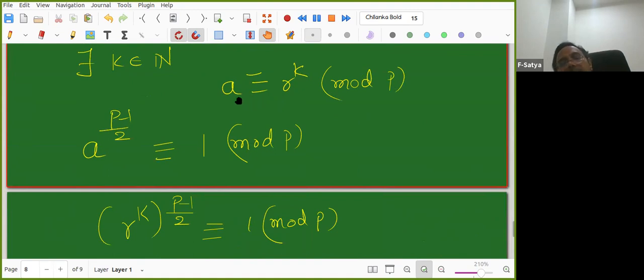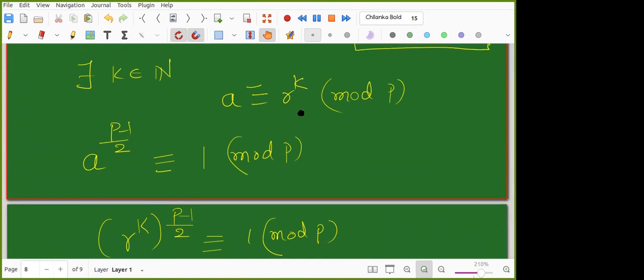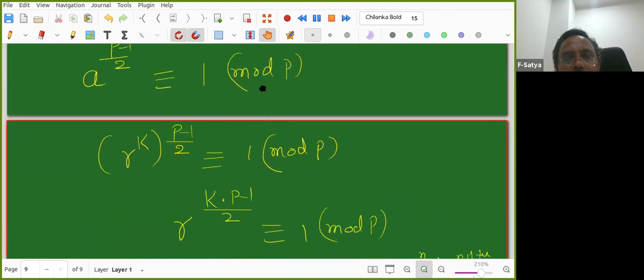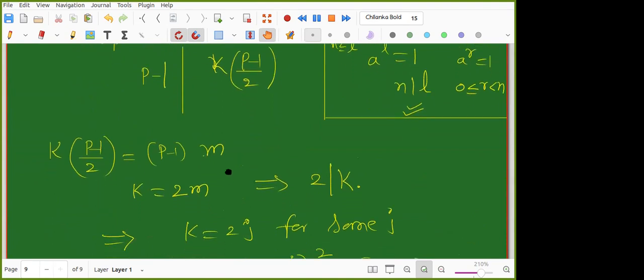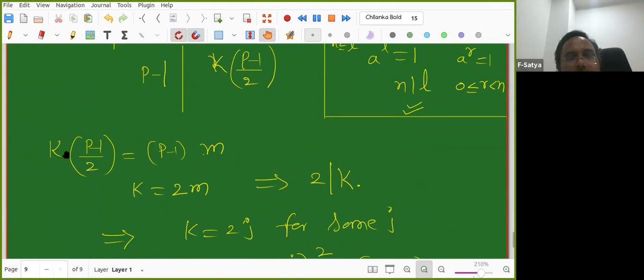What happens if a itself is equal to r? That's your question, right? Yes, sir. But in the process we have shown that k is even, so k cannot be 1.